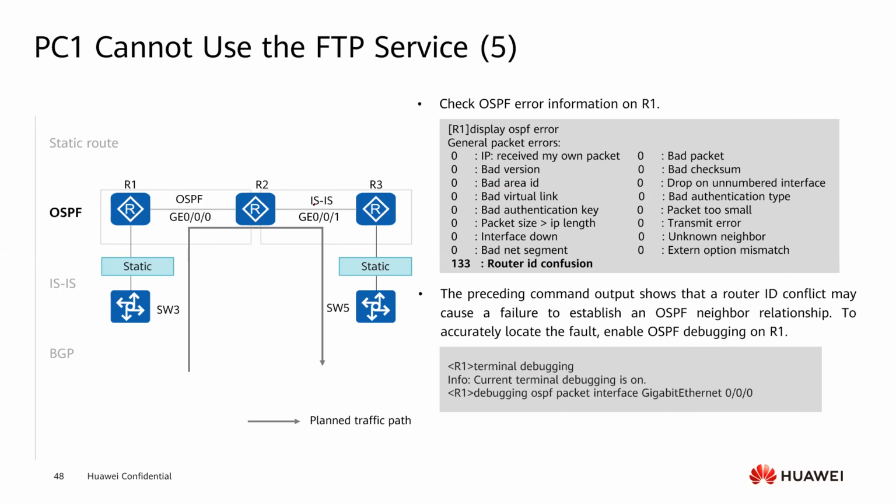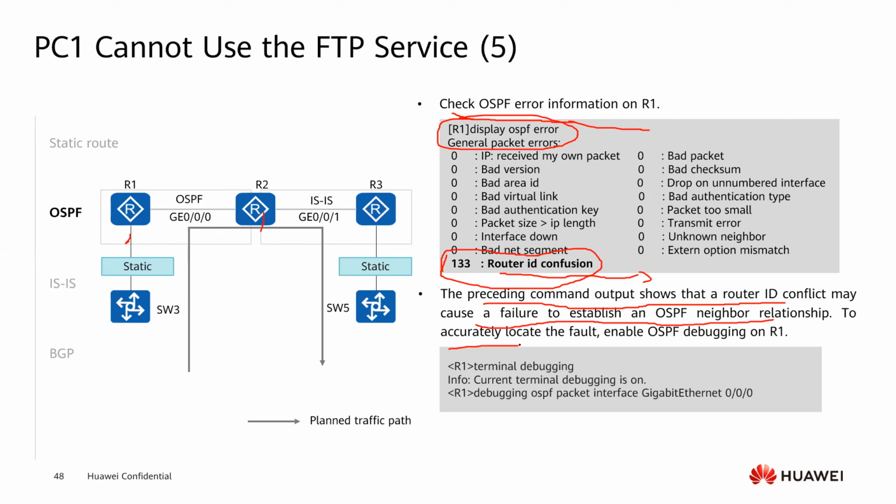To find the reason, we check OSPF error information on R1 with display ospf error, and we only see the router ID count is not 0. This means the router ID conflict. The router IDs on R1 and R2 may be the same, and this conflict may cause a failure to establish an OSPF neighbor relationship.